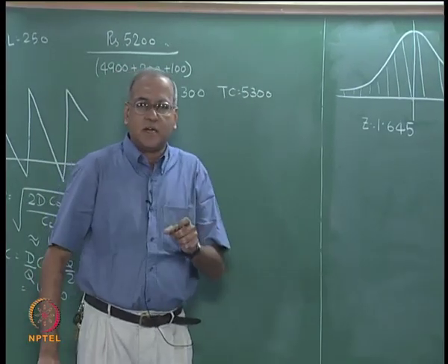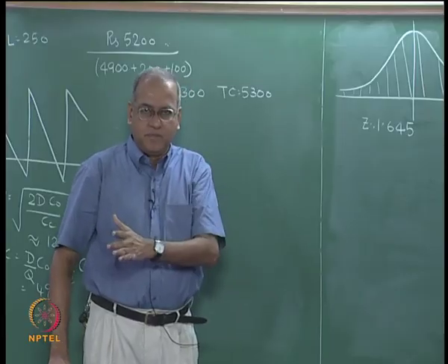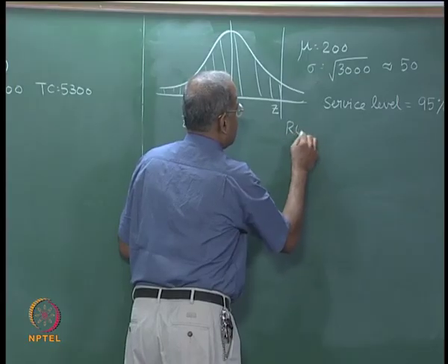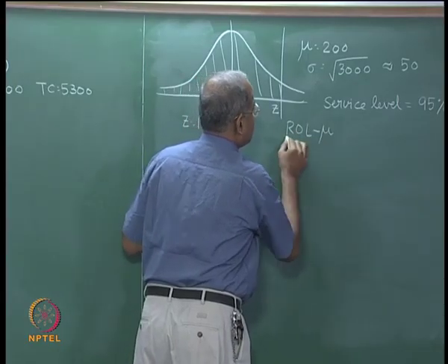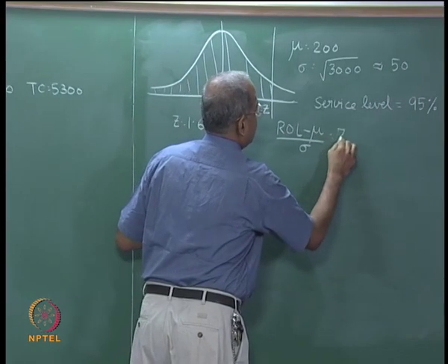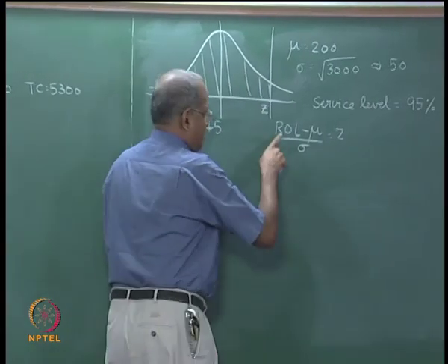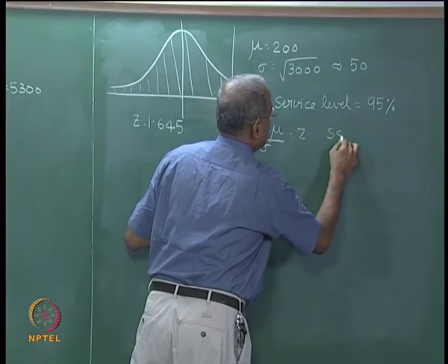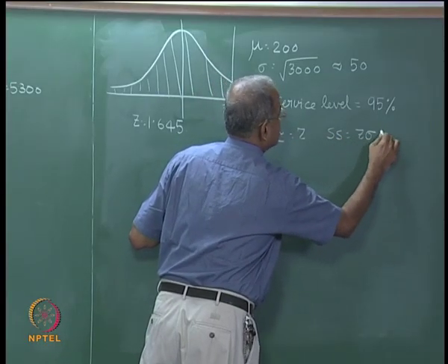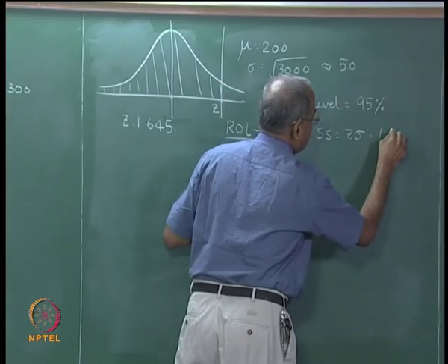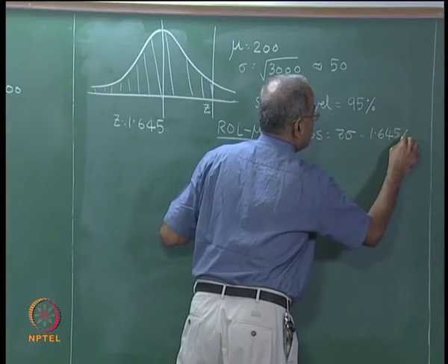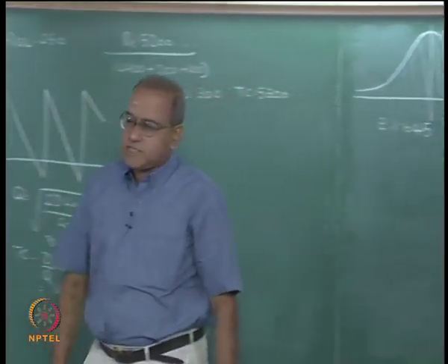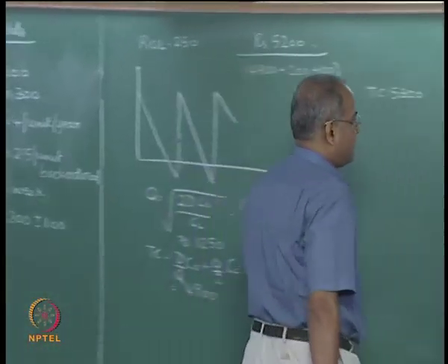Now, the safety stock is given by z into sigma, or (ROL minus mu) by sigma is equal to z. So mu plus z sigma will be ROL, and z sigma is the safety stock. So safety stock is z into sigma, which is 1.645 into the assumed value of 50, which gives us a safety stock of 82.25.